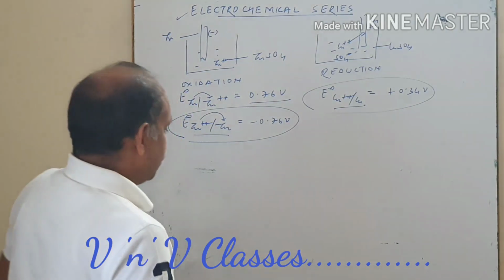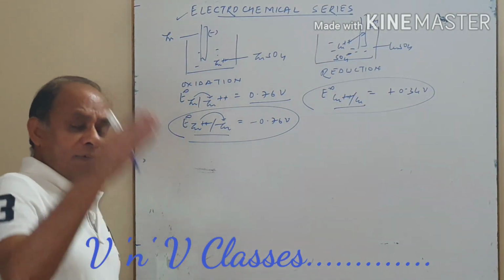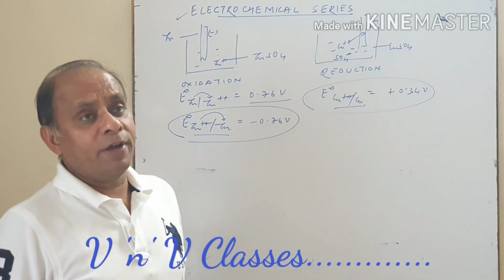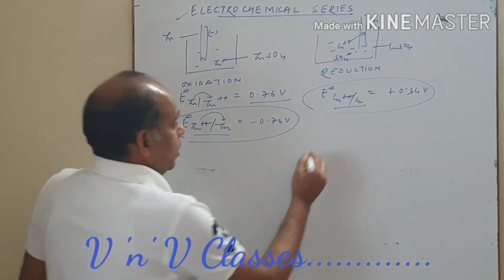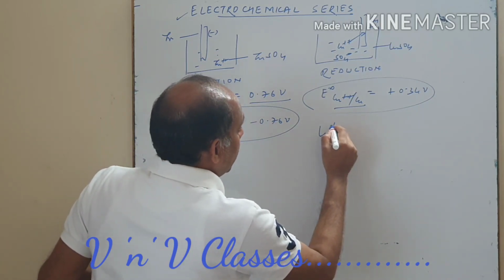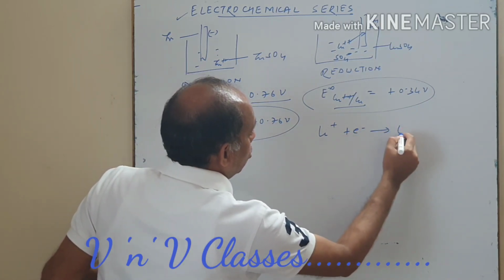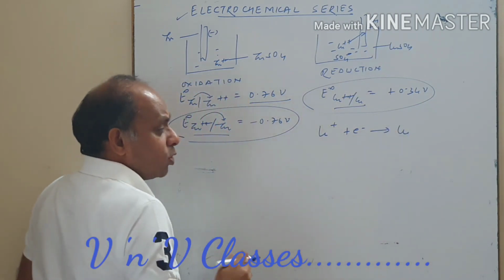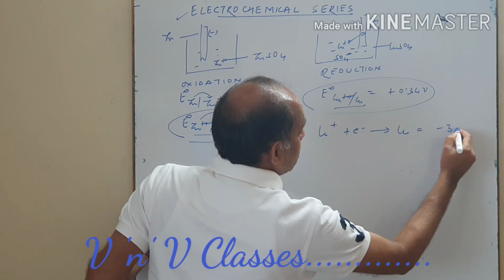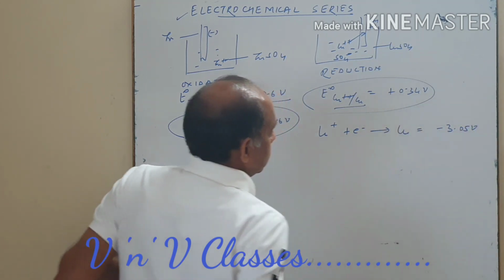We have arranged all these elements in increasing order of reduction potential, and we find lithium is at the top. I hope it's very clear that it is the reduction process. Its reduction potential value is minus 3.05 volt.